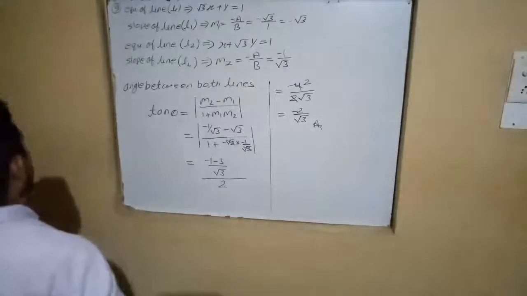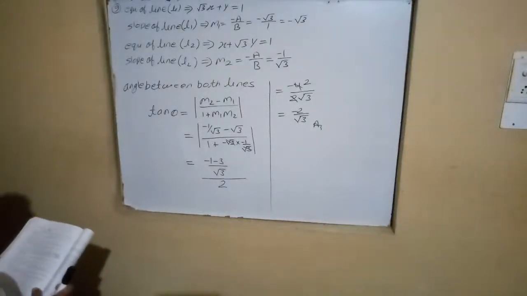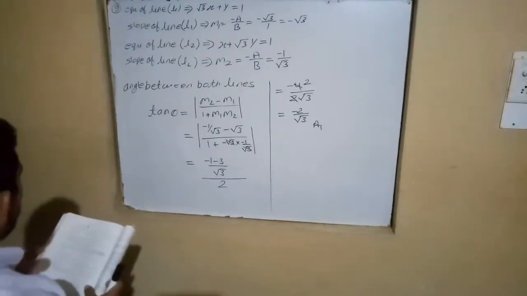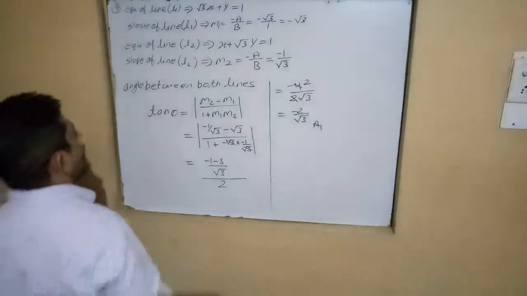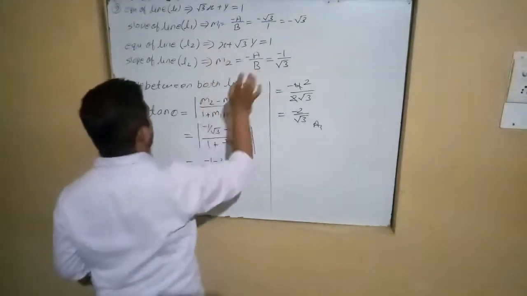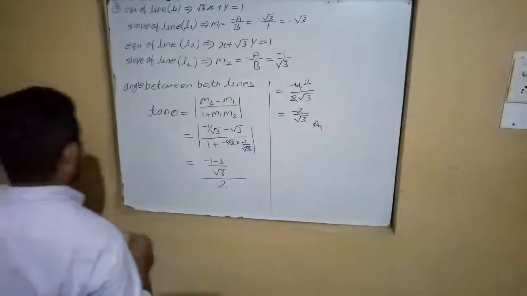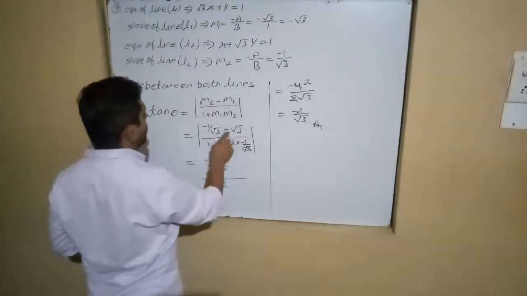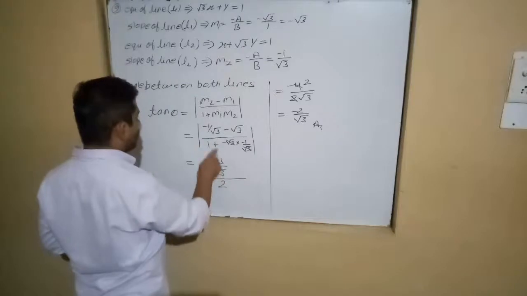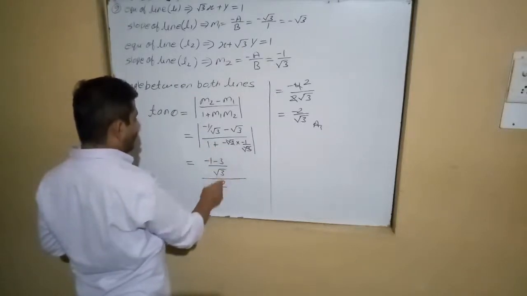Slope of the lines root 3x plus y is equal to 1 and x plus root 3y is equal to 1. m is equal to minus a upon b, and here minus a upon b. Then tan theta is equal to the formula m2 minus m1 upon 1 plus m1 m2. So m2 is minus 1 upon root 3 minus root 3. This is cut, minus minus plus 2.